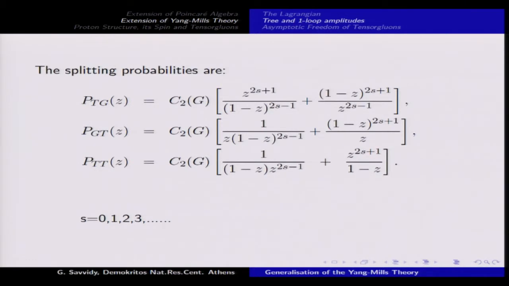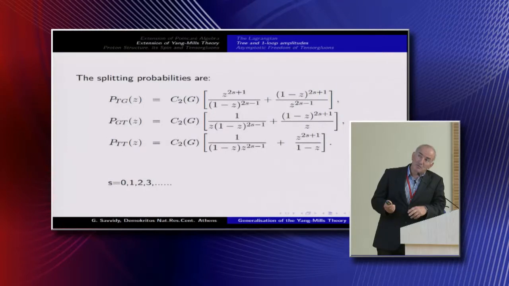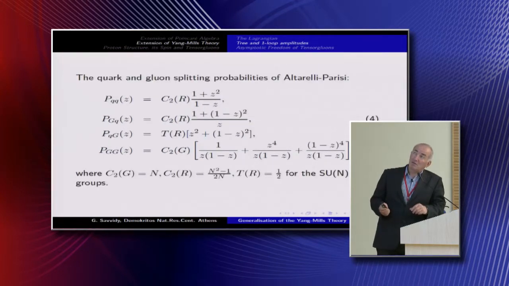So these are splitting probabilities. This is the probability of a gluon splitting to tensors, a tensor splitting to a gluon, and a tensor splitting to a tensor. As you see, it essentially depends on the spin of the particles, which can be 0, 1, 2, 3. I just want to show you the Altarelli, Parisi, and of course Gribov, Dokshitzer and Lipatov.